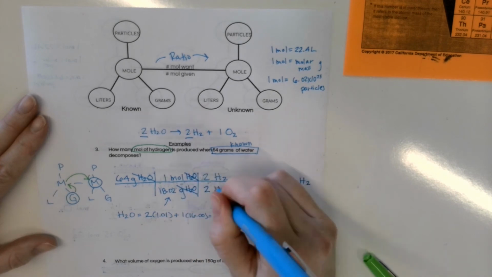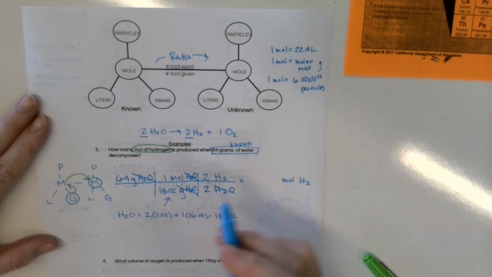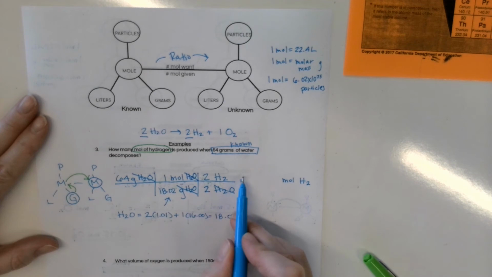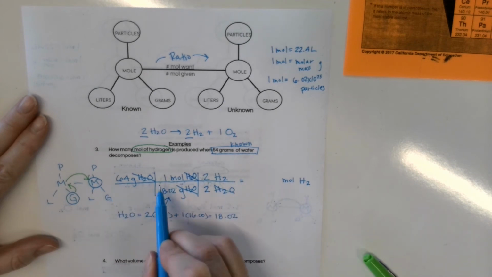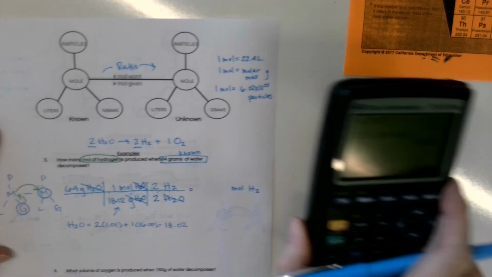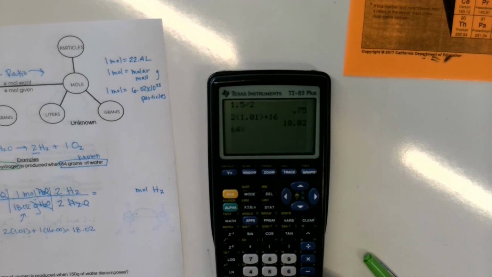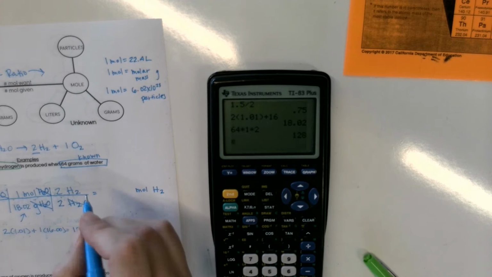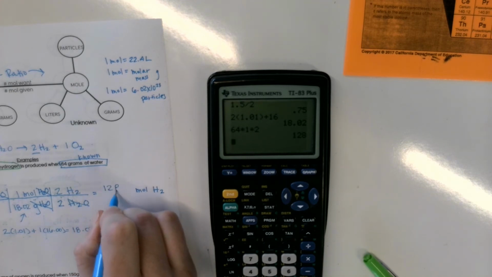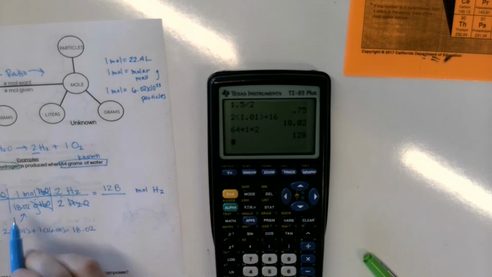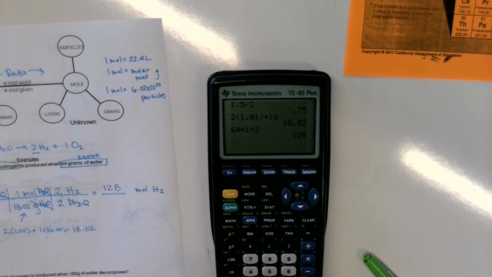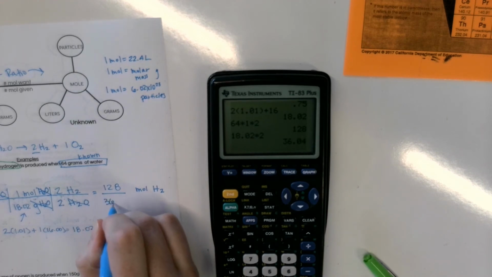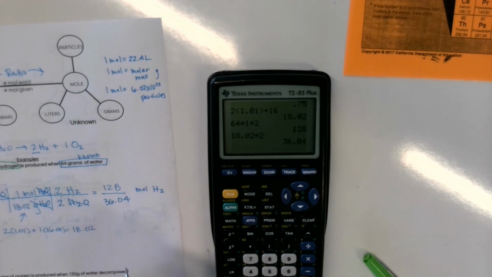So my water's going to cancel out, and I do the problem the same way we did before. 64 times 1 times 2, and I am getting 128, divided by all the numbers on the bottom, 18.02 times 2, which equals 36.04.